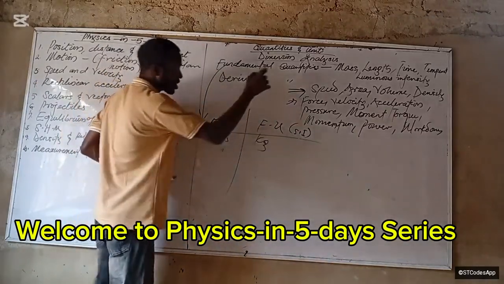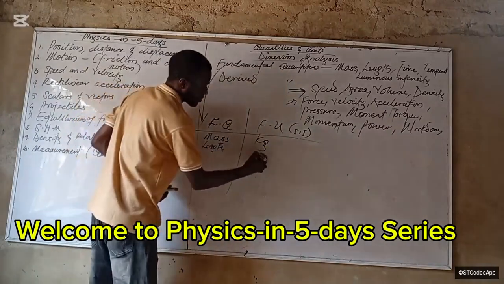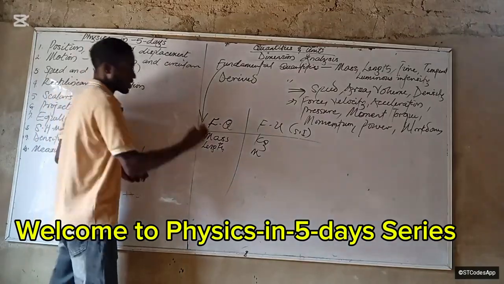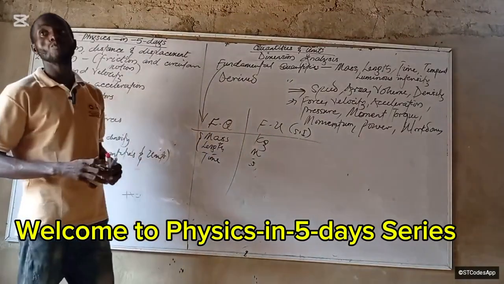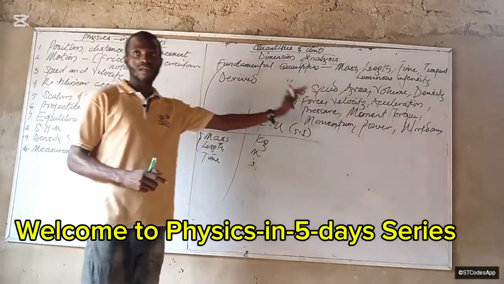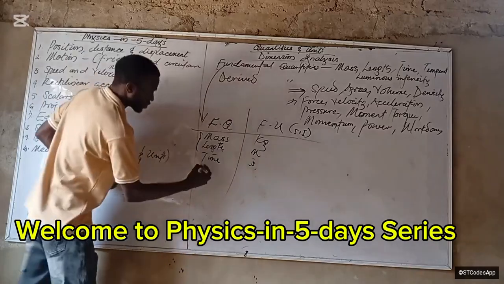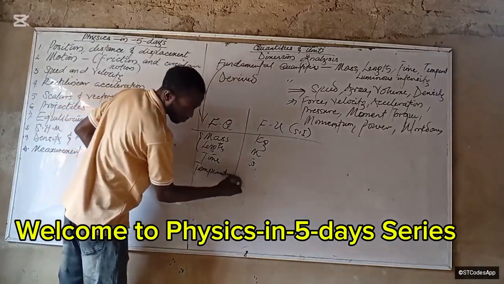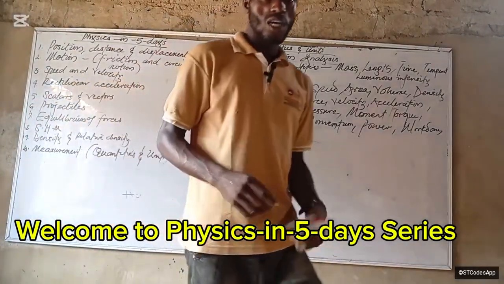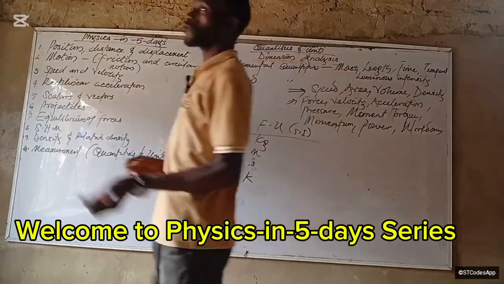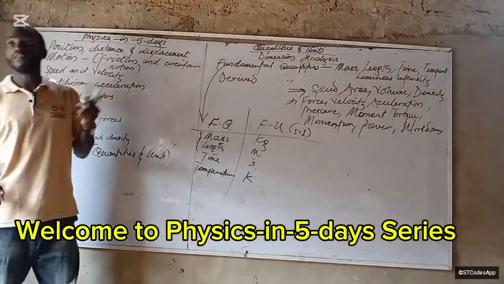So the derived quantities are the ones that are gotten or defined by fundamental units through mathematical relationships. For example, if you combine distance and time by dividing distance by time, we get speed.